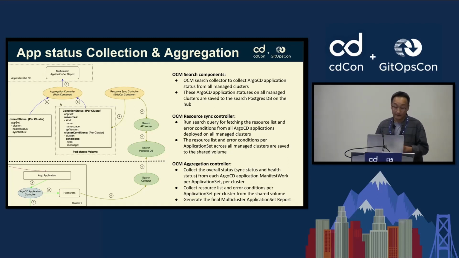The second one is that it is also able to fetch the per-cluster condition status from this intermediate YAML output. Finally, by combining all of this information, we are able to generate a final multi-cluster application set report CR in the same application set namespace. So this is how the application status collection and aggregation works here.